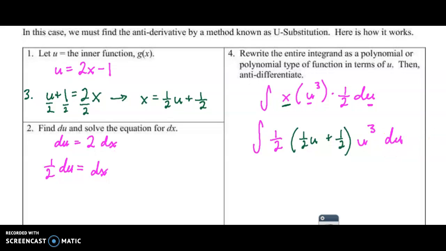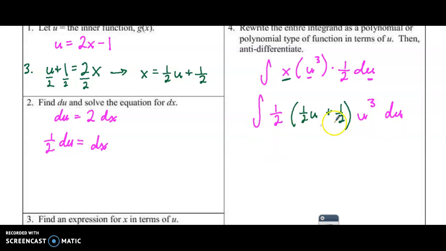I can distribute all these pieces in. Now, if I wanted to, I could also factor out a 1/2. I just don't really feel like it. But anyway, we are about ready to solve this. We're looking at 1/4. U to the first times u to the third is u to the fourth power, and then plus 1/4 u to the third power du.